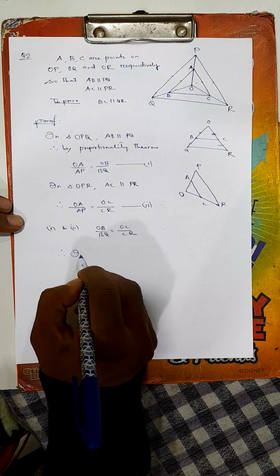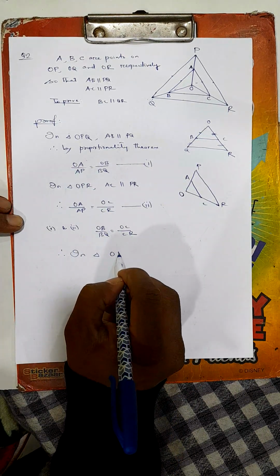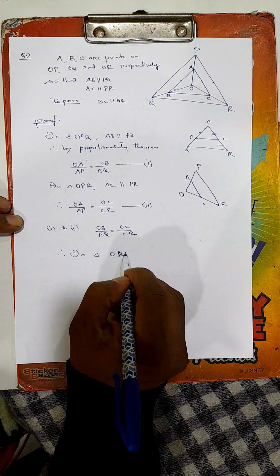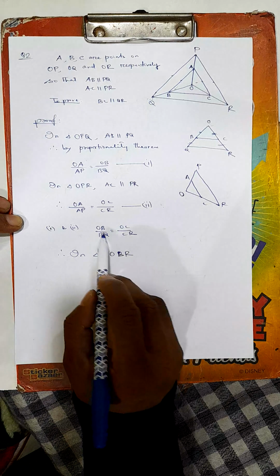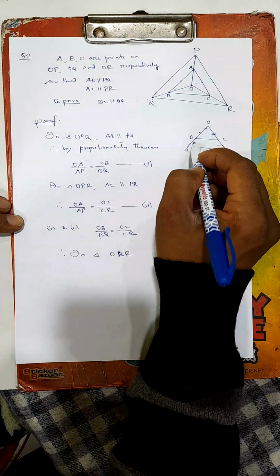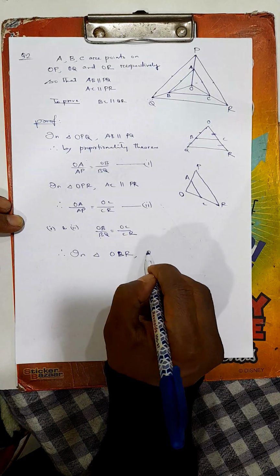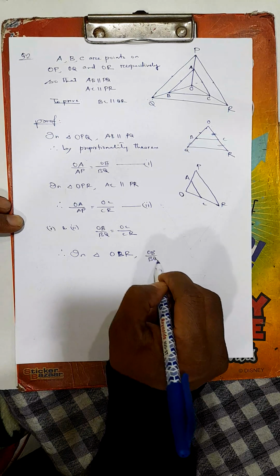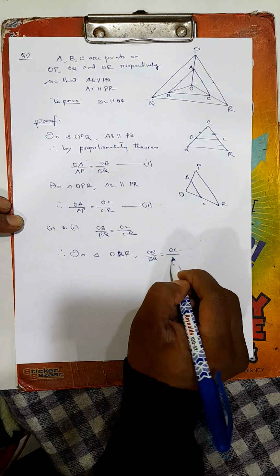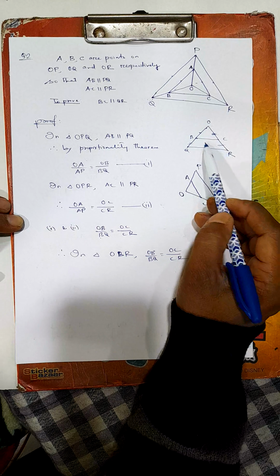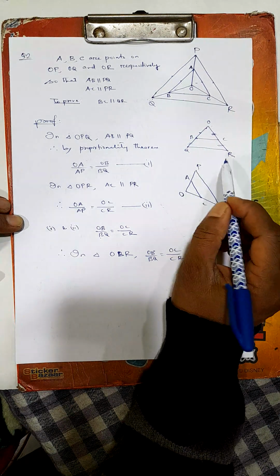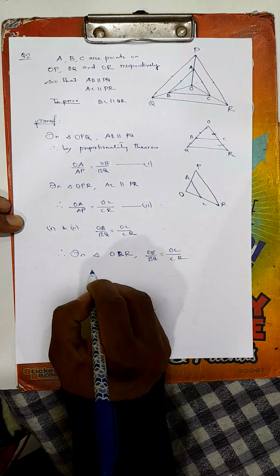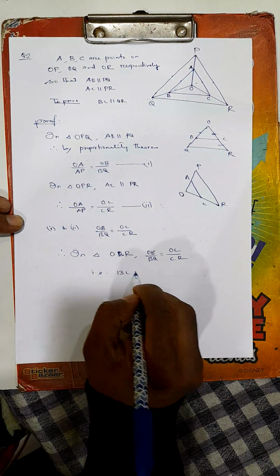Therefore, in triangle OQR, you find that OB by BQ equals OC by CR. That means this line BC divides OQ and OR in the same ratio.